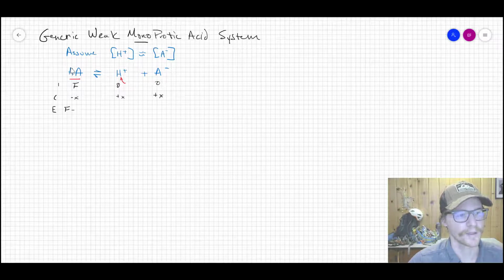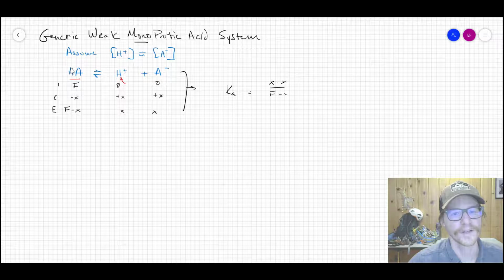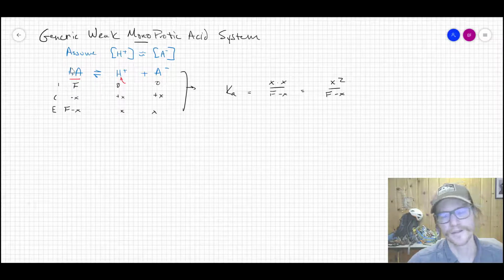So we'll have F minus X, X, X, and so if we establish this into a generic equilibrium expression, that'll be Ka is equal to X times X over F minus X, which is X squared over F minus X.